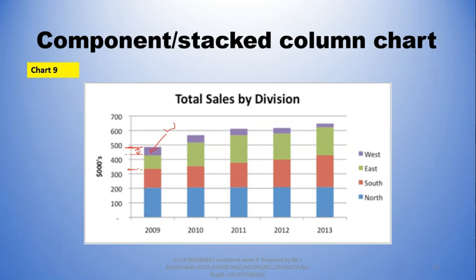The performance of the eastern division in 2009 is depicted by this distance, and the performance of the southern division is represented by this distance.